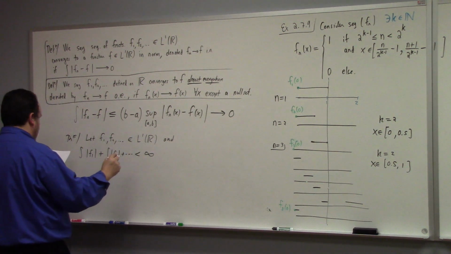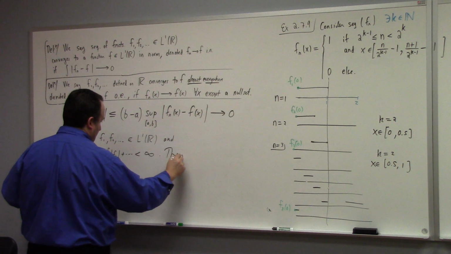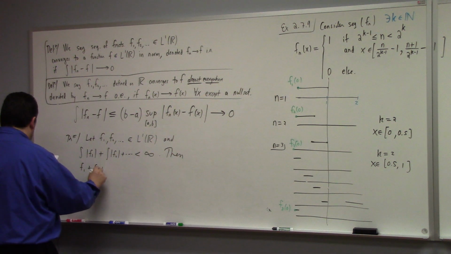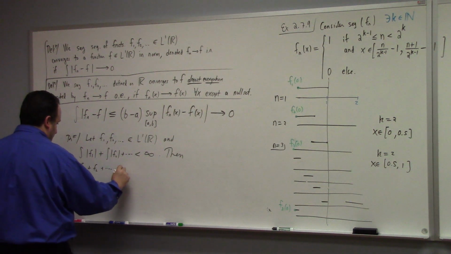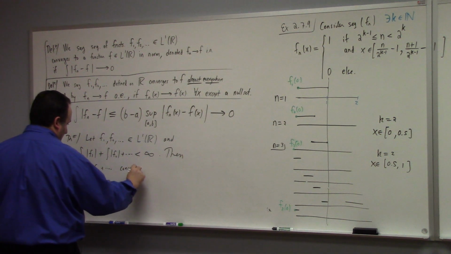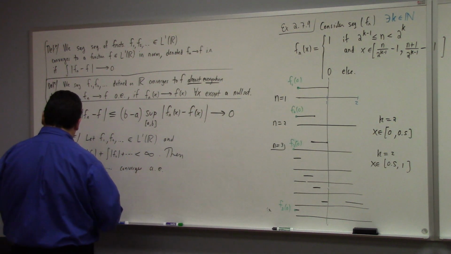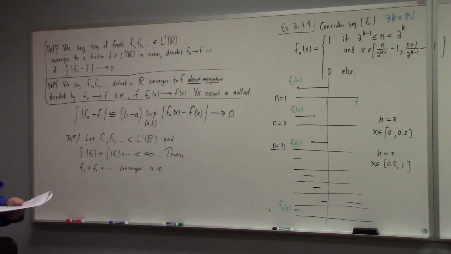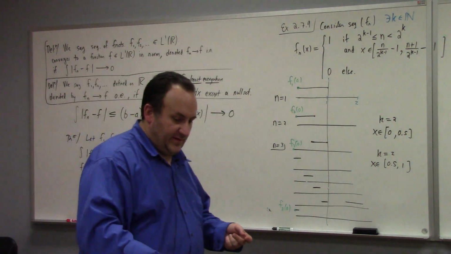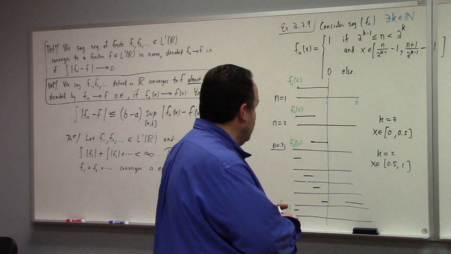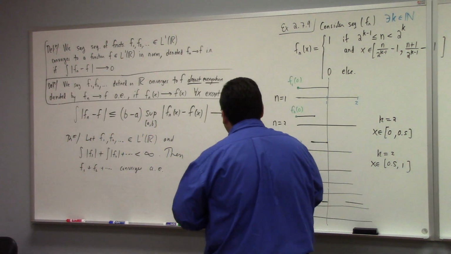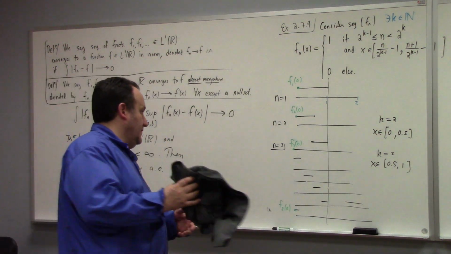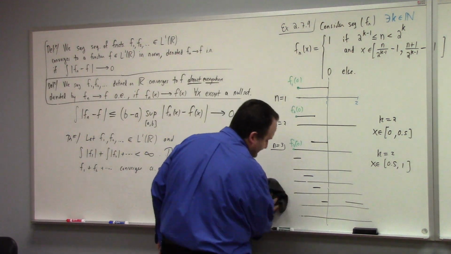Then F1 plus F2 plus ... converges almost everywhere. So this is theorem 2.7.10, which I will attempt to prove over here.